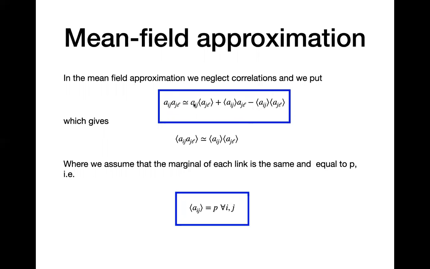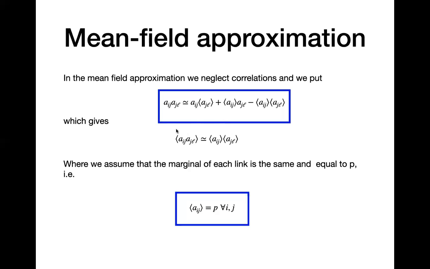Okay, so what does this expression do, in some sense? It is an expression which allows you to neglect correlation between the values that these matrix elements can take.